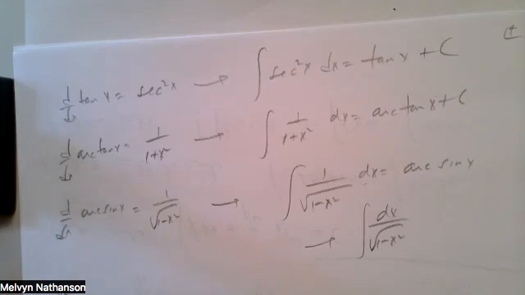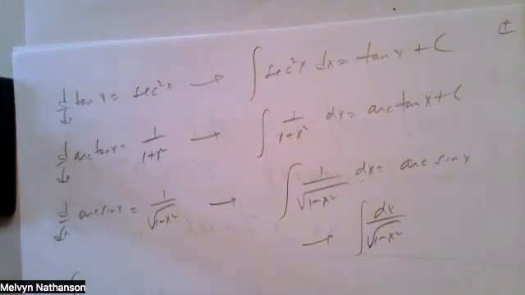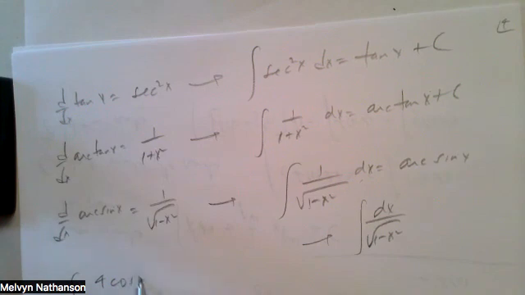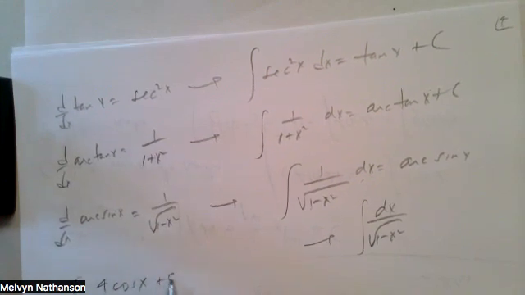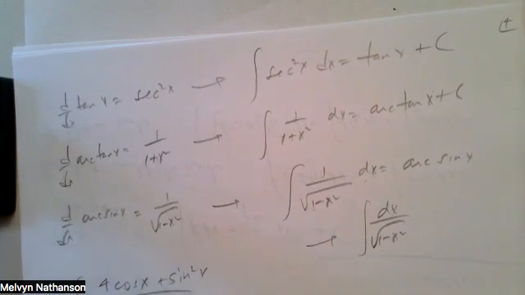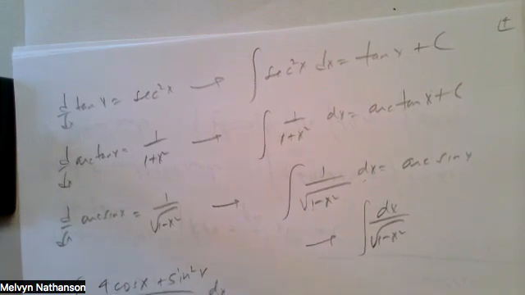So let's solve some problems. Let's compute the integral of something that looks horribly complicated: the integral of 4 cosine x plus sine squared x over sine squared x dx.